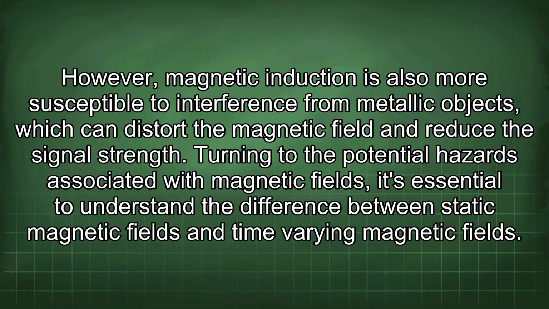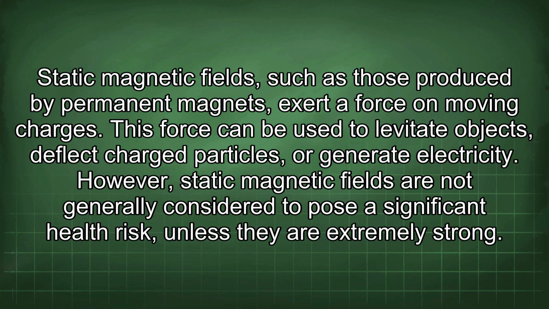Turning to the potential hazards associated with magnetic fields, it's essential to understand the difference between static magnetic fields and time-varying magnetic fields. Static magnetic fields, such as those produced by permanent magnets, exert a force on moving charges. This force can be used to levitate objects, deflect charged particles, or generate electricity.